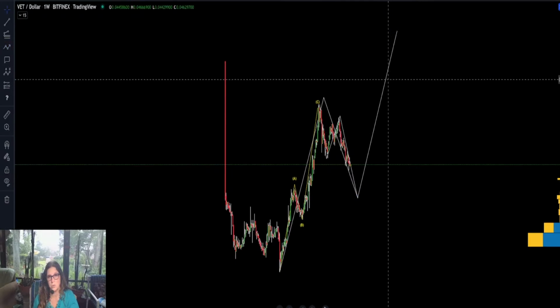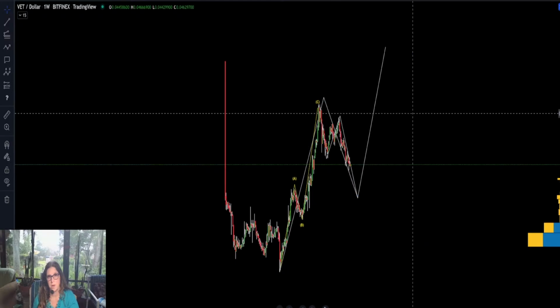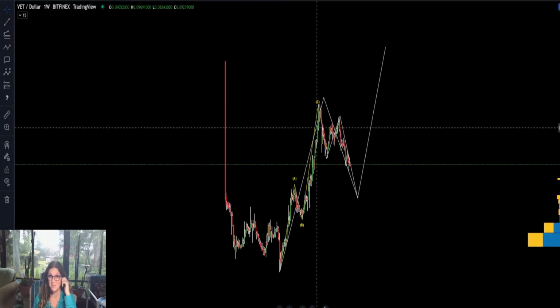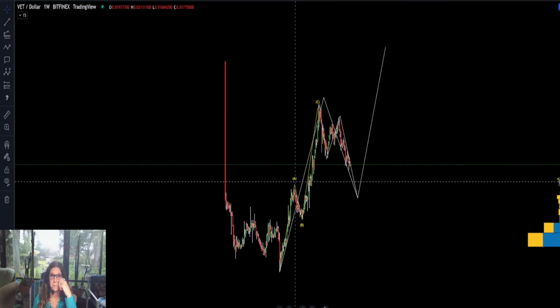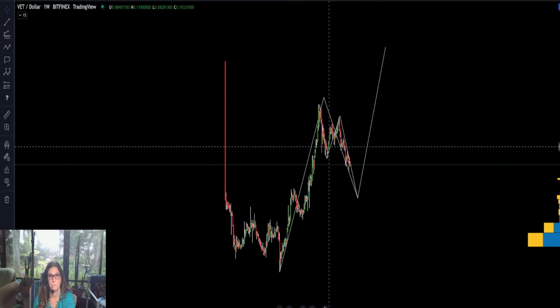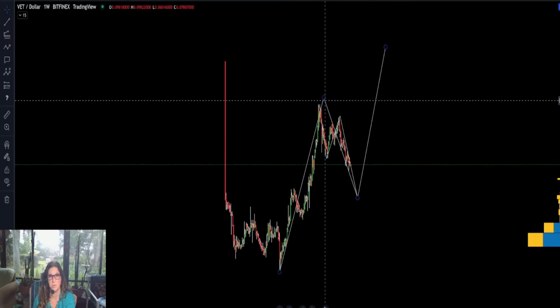That's what it'll do when Bitcoin runs, if it runs for a fifth. But this is corrective, definitely, which is surprising. But it doesn't mean it can't get another leg to match it up with this.